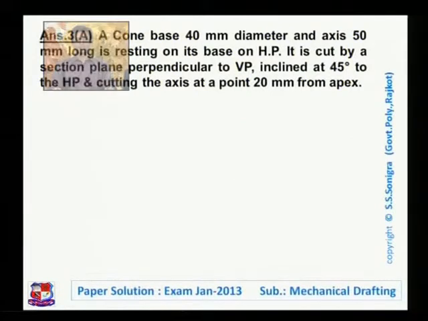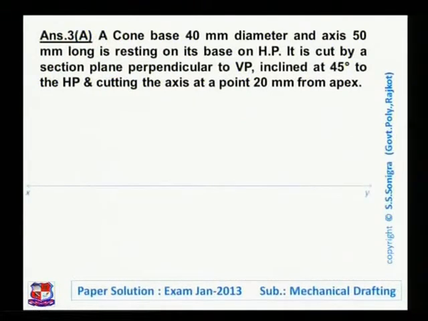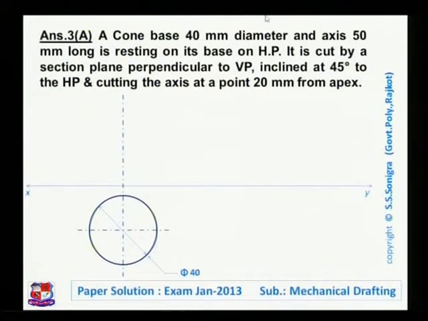So for that, first we draw the XY line which represents the intersection of HP and VP, and draw a circle of diameter 40 mm and insert the dimensions. Draw its axis, vertical center line, horizontal center line, and from the endpoints draw vertical lines that will cut the XY line at 2 points.